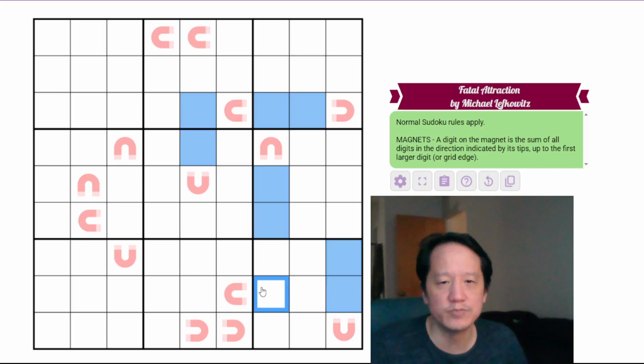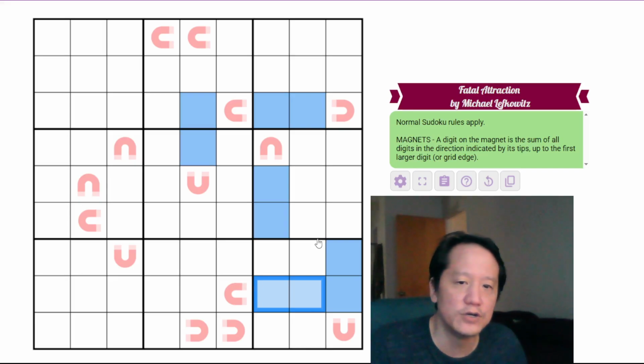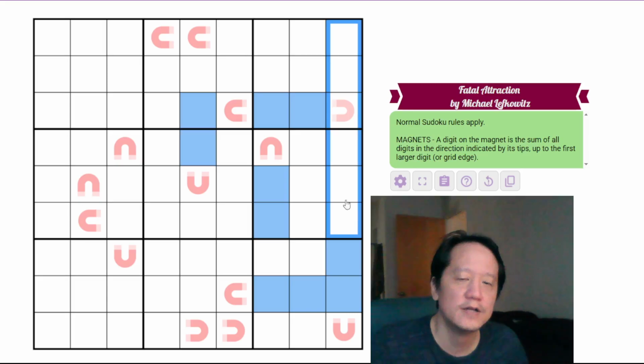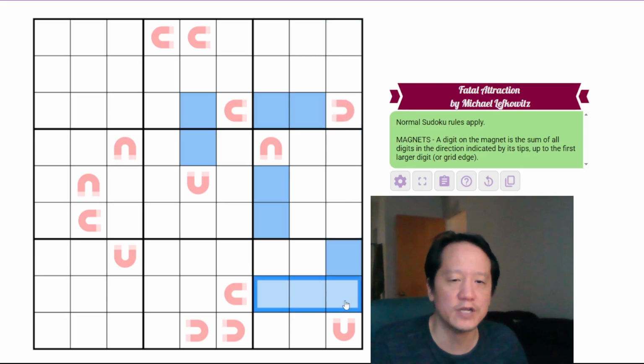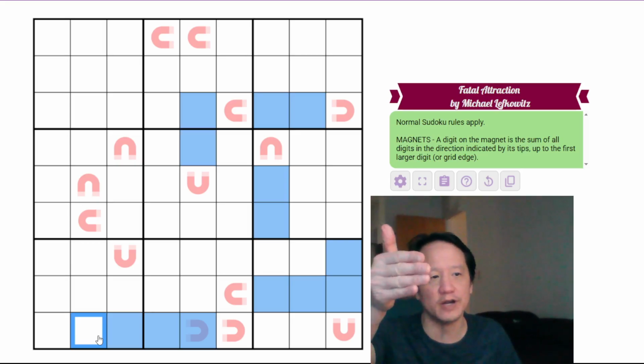This is guaranteed to be 2, and you can never have more than 3 cells in a row. So if it doesn't go to the end of the grid, you have to have a digit greater than the magnet 3 cells away.